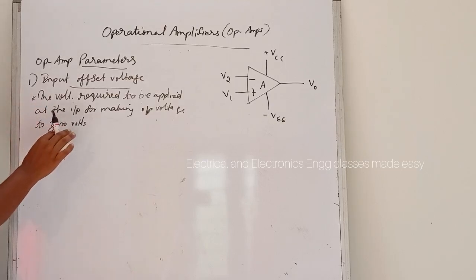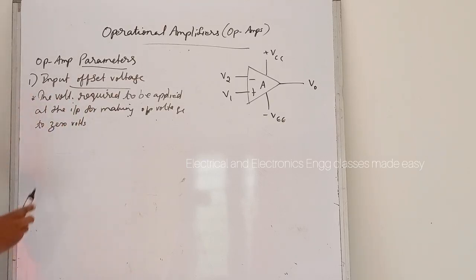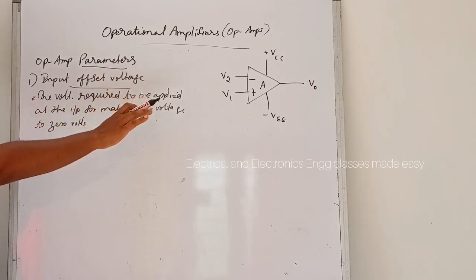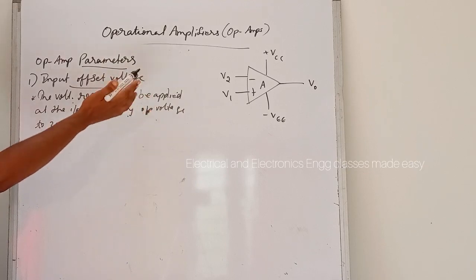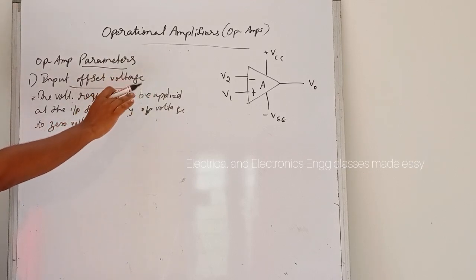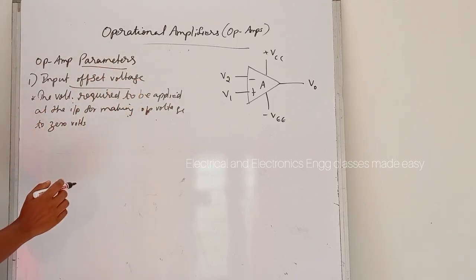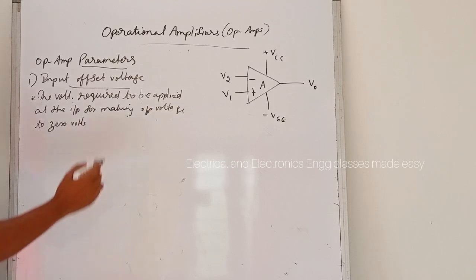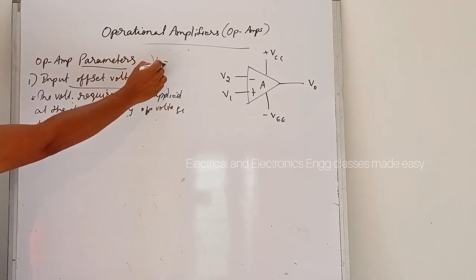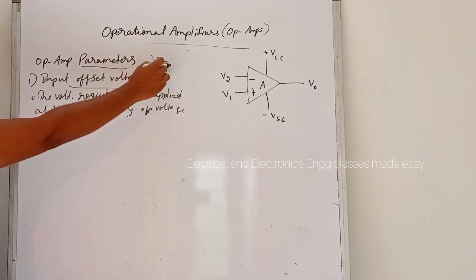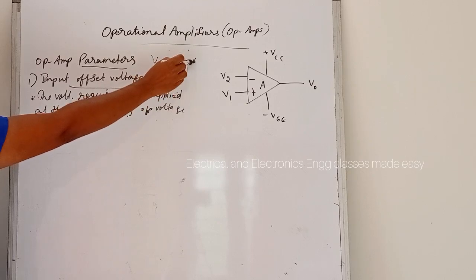Let us study about op-amp parameters. First one is input offset voltage. In an op-amp, the difference of the input voltages is multiplied with the gain A, which gives the output voltage V0. That is, V0 is equal to A times (V1 minus V2).